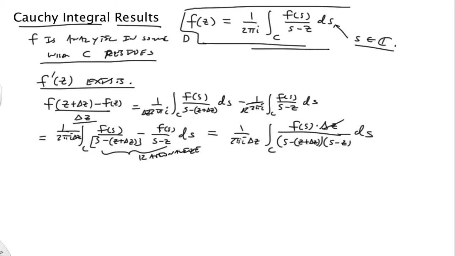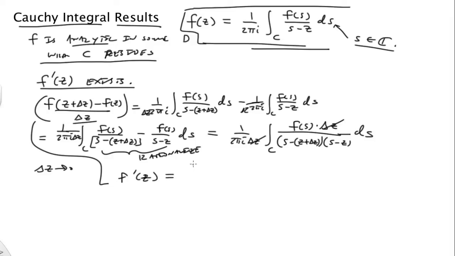Okay, well, you see clearly those cancel. And if I take delta z going to 0, of course this thing right here becomes f prime of z, which we know exists because f is analytic in this domain.